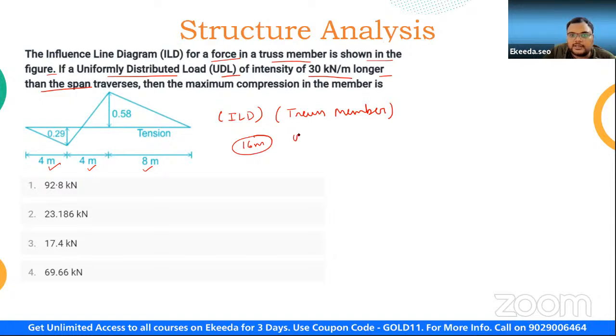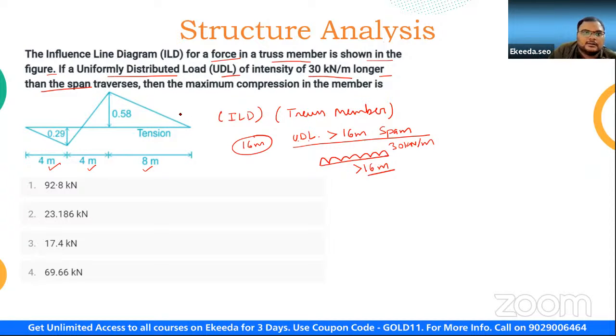So our UDL is greater than this 16 meter span, and this UDL is 30 kilonewton per meter.